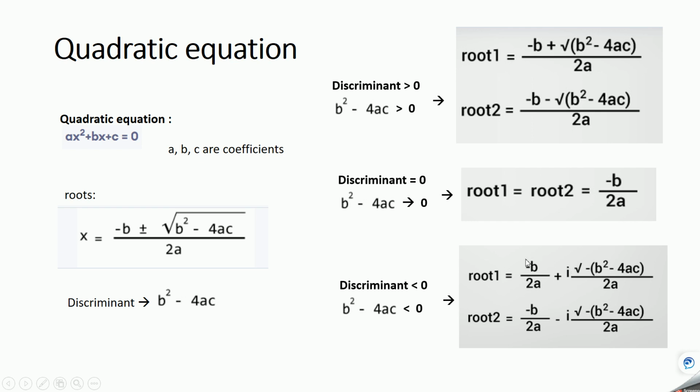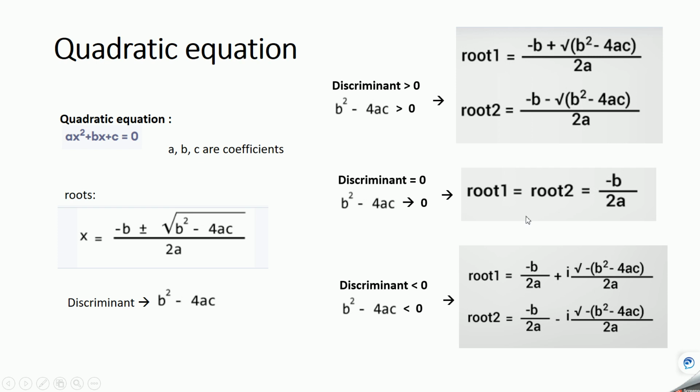Basically here we'll have two parts. Minus b divided by 2a is the real part, and this other part is the imaginary part, because the negative square root is represented by i. So this is what we get as the roots when the discriminant value is negative.